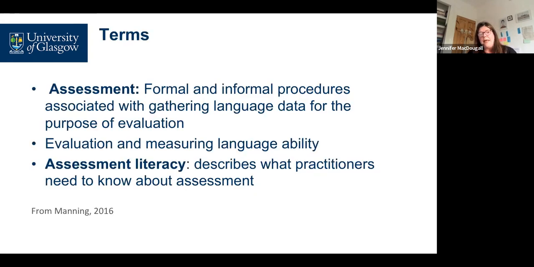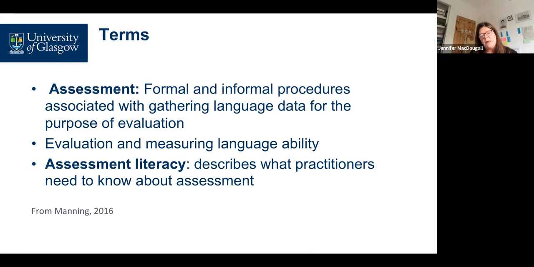So according to Manning, these are some of the terms that he uses for assessment. Assessment is about how we gather language data for the purpose of evaluation. He uses this umbrella term for assessment rather than separating out tests and assessment. He keeps the whole thing together. So it's this idea of evaluation and measuring language ability.